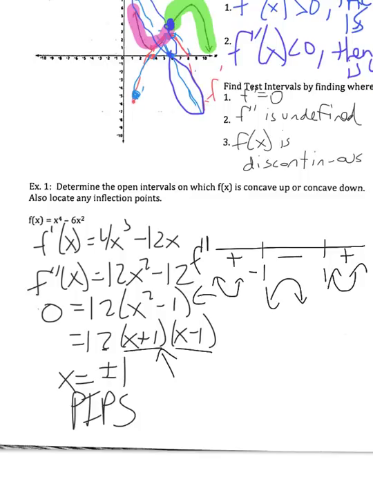All right, so let's answer the question now. It says, determine the open intervals on which the function is concave up or concave down. So anywhere you have that U shape, it's concave up. So we would say, f of x is concave up on everywhere from -infinity to -1, union 1 to infinity.